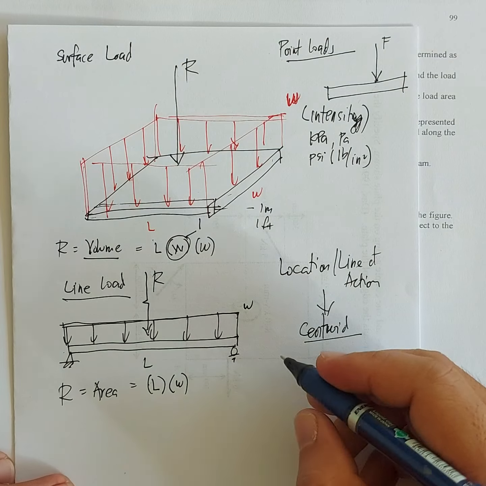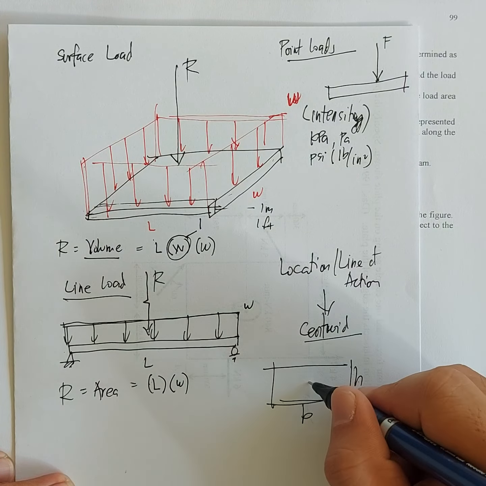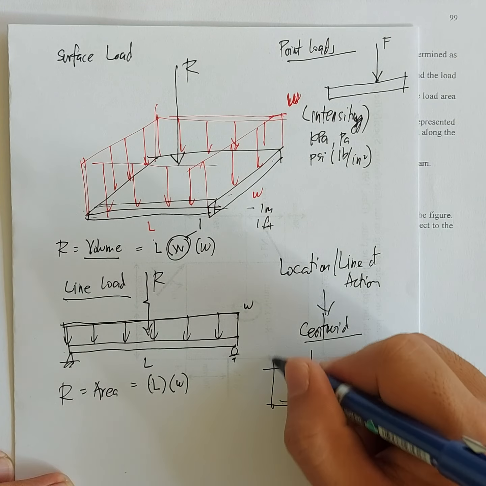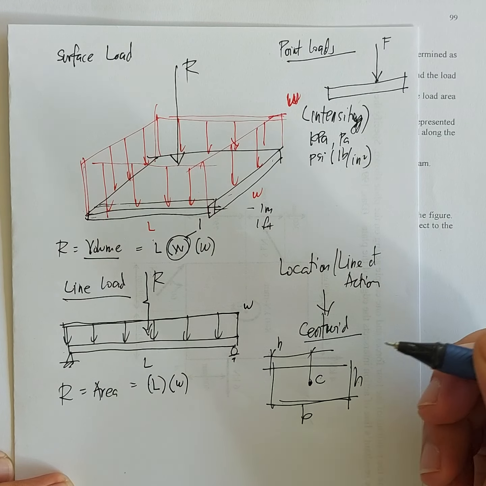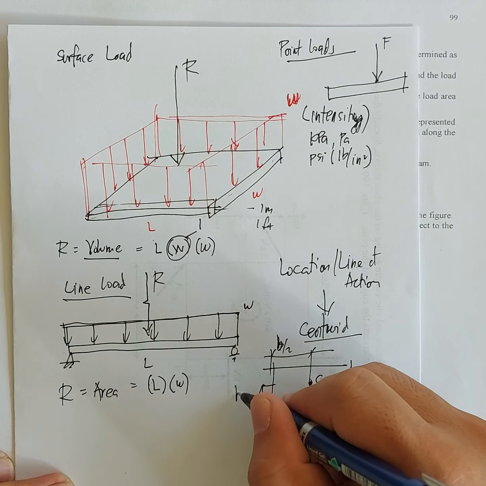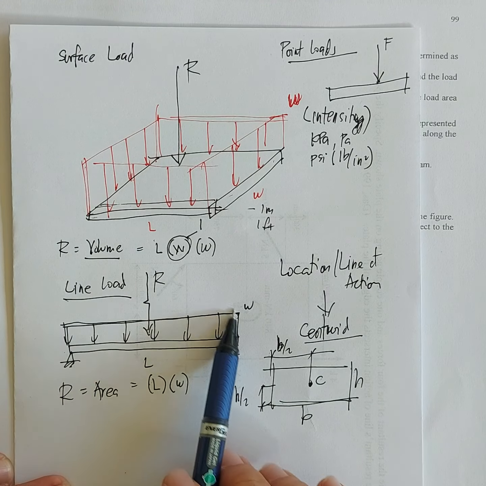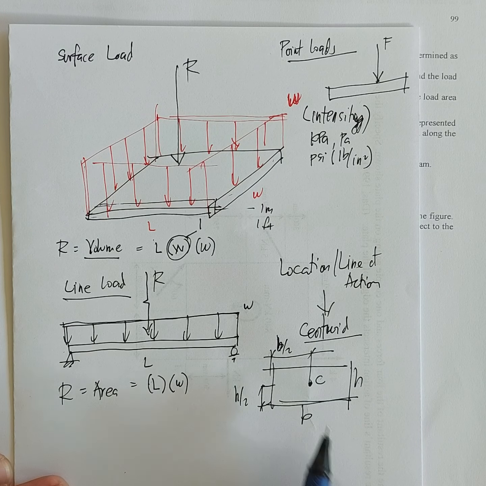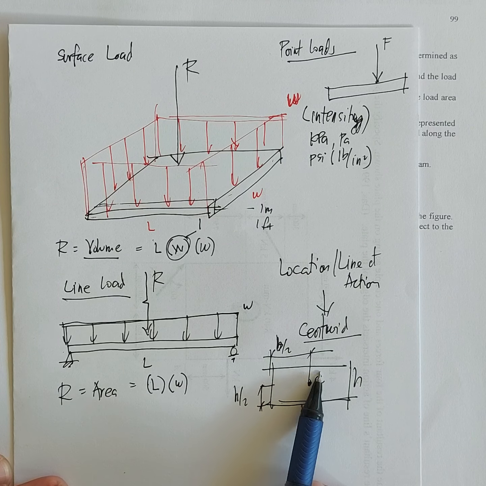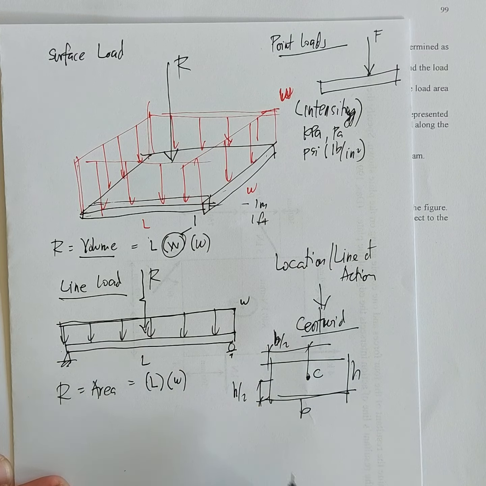So for rectangle, ito yung base, height. The center is b over 2, and this is h over 2. So yung centroid niya ay b over 2 from this axis.